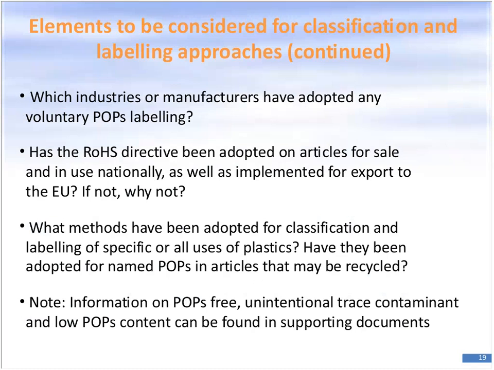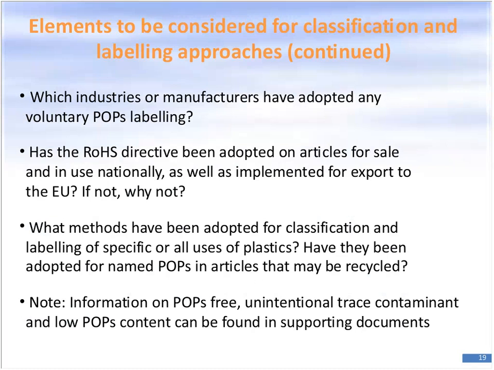Then you have to analyze which industries and manufacturers have already adopted voluntary labeling. Has the RoHS directive been adopted in your country already? What methods have been adopted for classification and labeling of specific or all uses of plastics, like the ISO system on flame retardants?